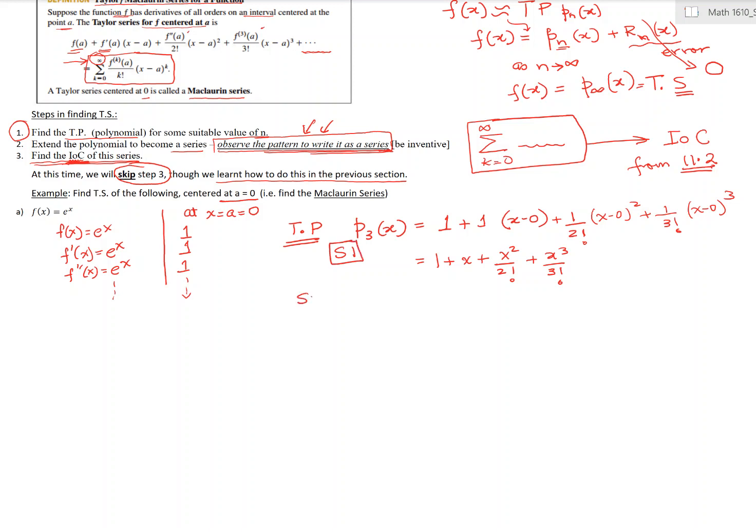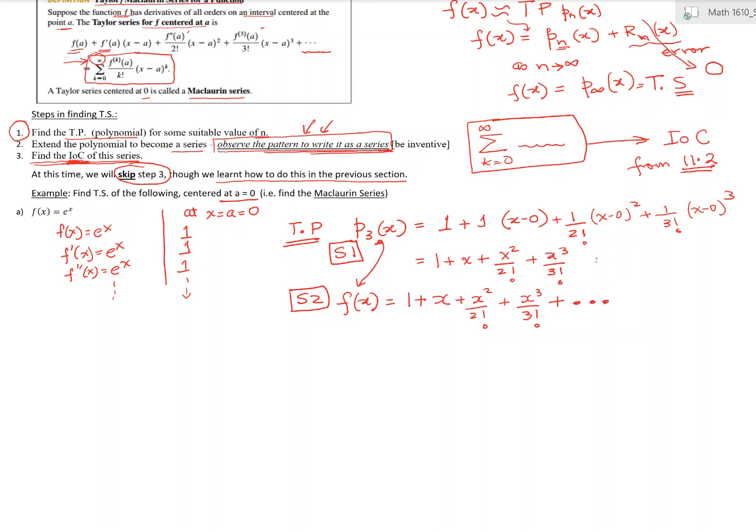Step 2 says now extend the polynomial to become the series. So that means now you can write f of x is equal to, instead of writing P3, which was the polynomial and an approximation, now you can claim that it is the function itself, and that would be this, and then you say plus and write 3 dots.